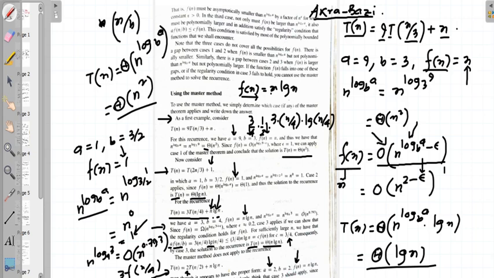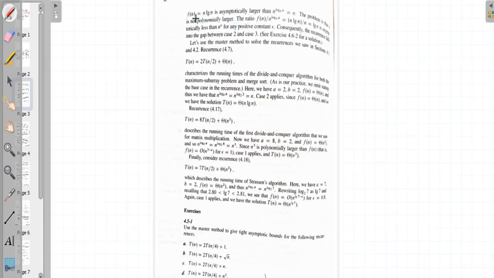Why not? This f(n) equal to n log n is asymptotically larger than n^(log_b a).